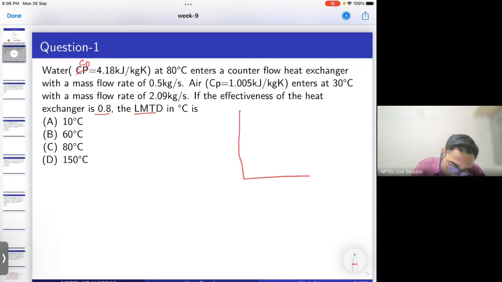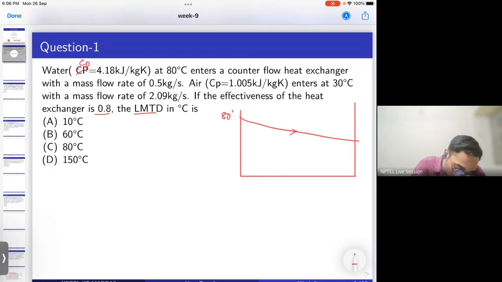If I graphically plot it, it's a counterflow heat exchanger. The water is entering at 80 degrees Celsius and air is entering at 30 degrees Celsius. TCO and THO are not given. So what is effectiveness?